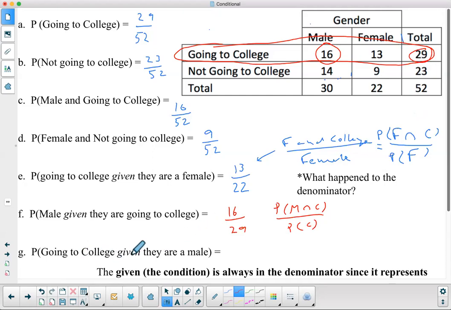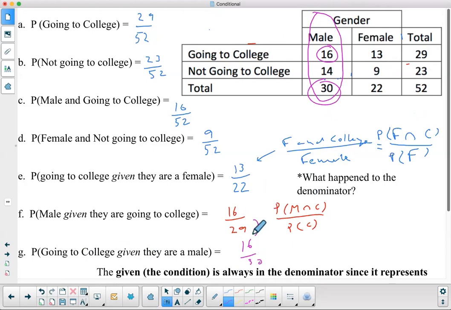And the probability of going to college given they are a male, this is not necessarily the same thing. So we are looking at just the men, and then the ones that are male and going to college. So that's going to be 16 of the 30 men, right?